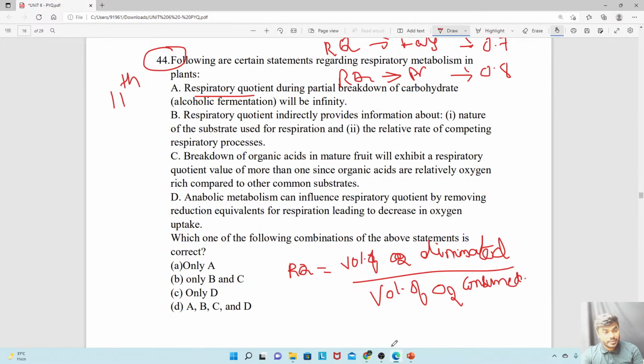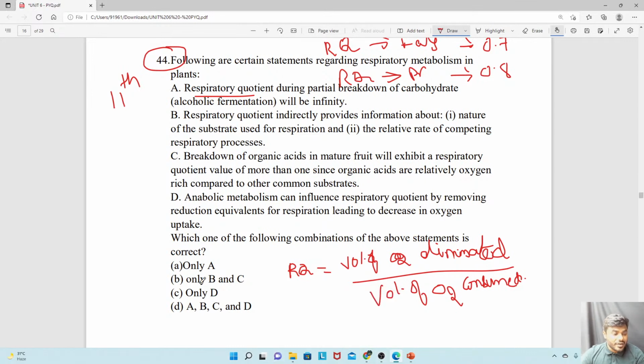Answer B. Okay. Can anyone explain? Okay, anyone else?